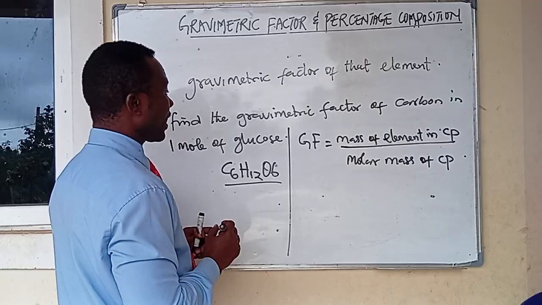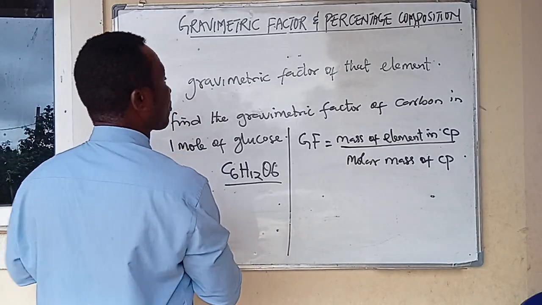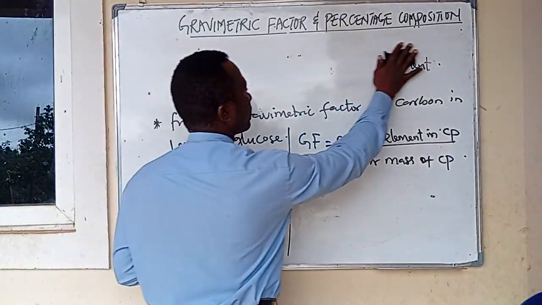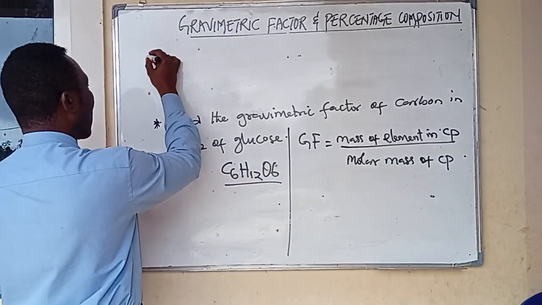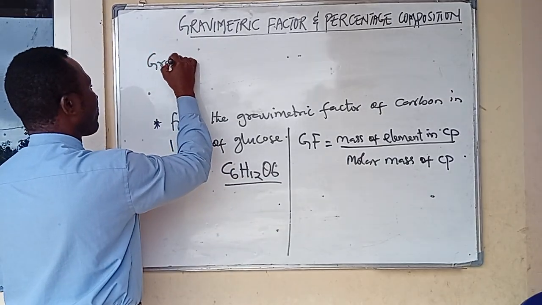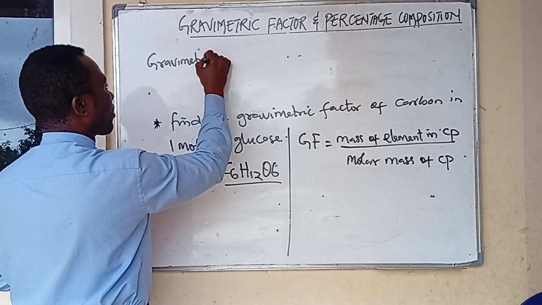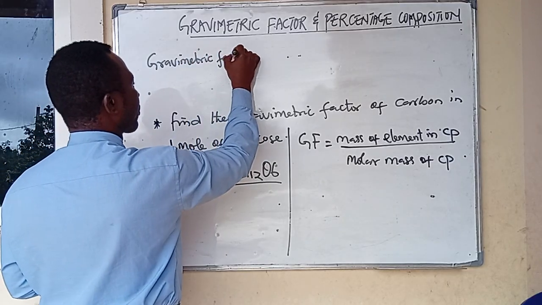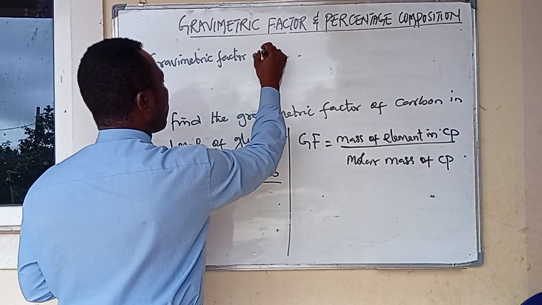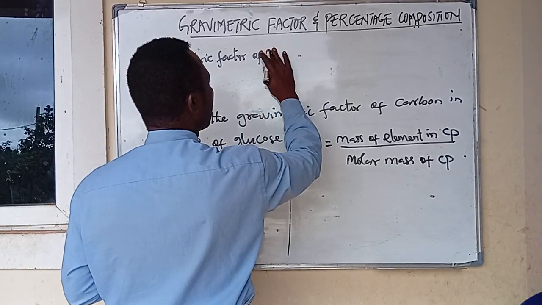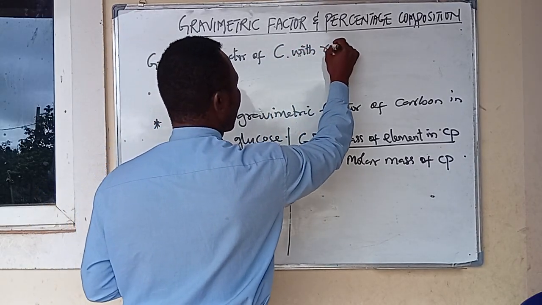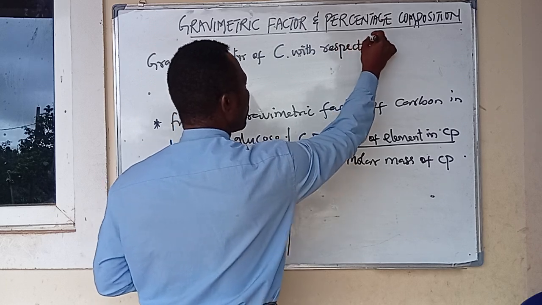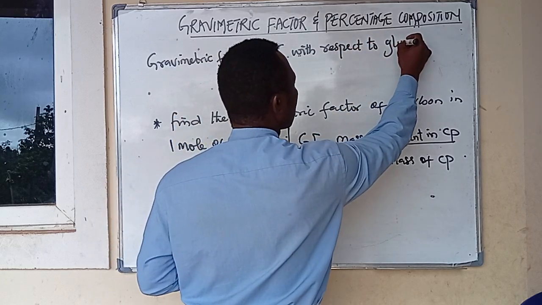Now, if we want to get the gravimetric factor of carbon in glucose, so we are looking at what? Gravimetric factor of carbon, capital C, with respect to glucose.